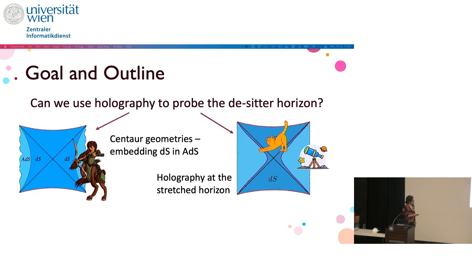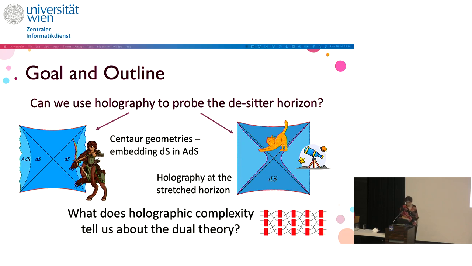And the second approach is the idea to study a holographic theory with finite number of degrees of freedom, living on a holographic screen at the boundary of the static patch. So that's holography at the stretched horizon. And I will essentially use these two approaches together with tools from quantum information, in particular holographic complexity, to try and see what we can tell about the dual theory.